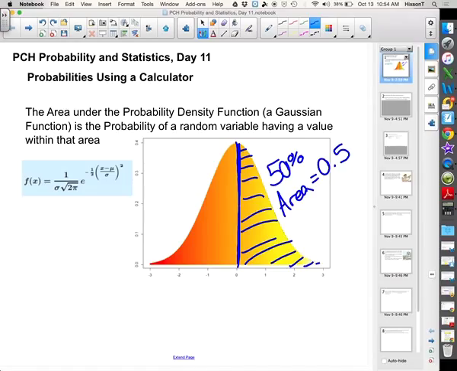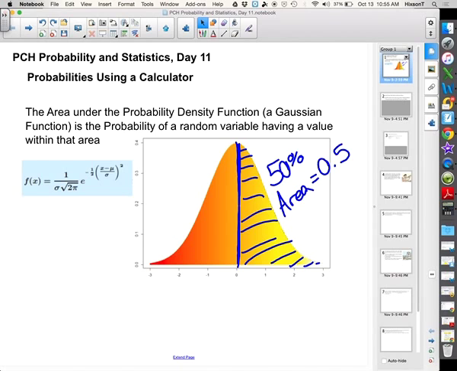Now, one thing that you'll learn in the future if you study calculus is that area under a curve is actually given by an integral. We're not going to learn how to do integrals right now, but I want you to understand what your calculator is doing. Your calculator will actually be giving you the integral of this nasty function.